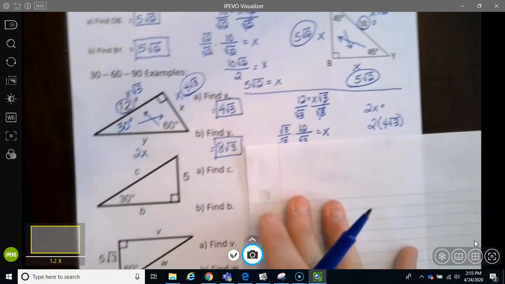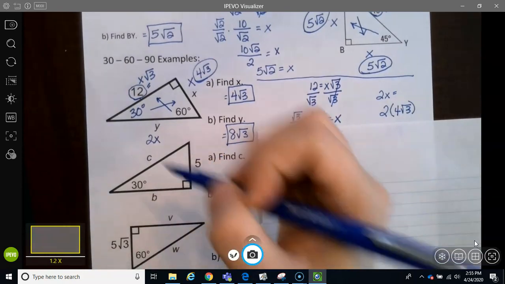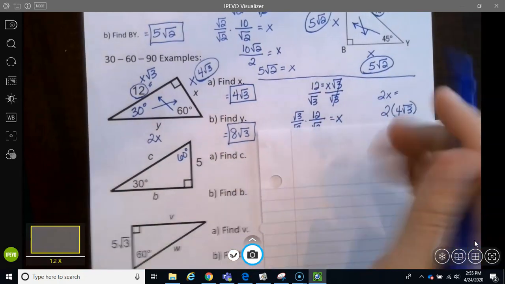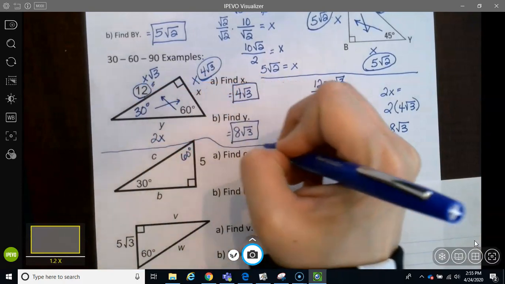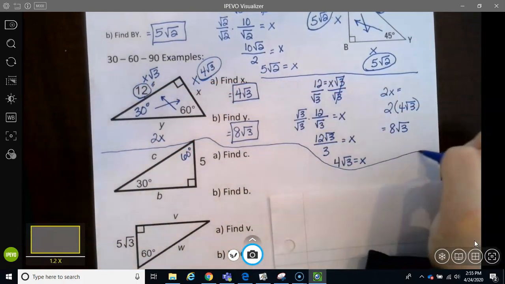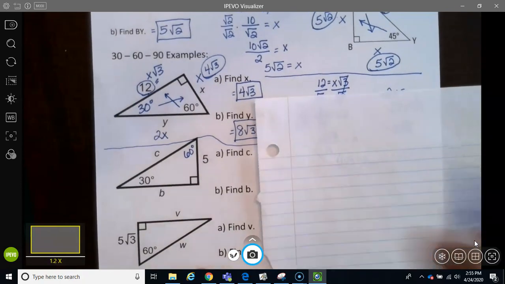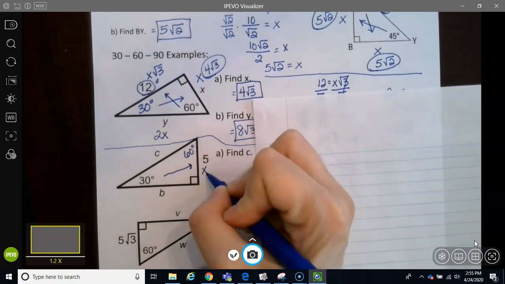So for this next example, we have a 30 and a 90, so this one has to be 60. I'm going to go ahead and draw this to separate. Okay. So for this one, remember, across from your 30-degree angle is your x side.